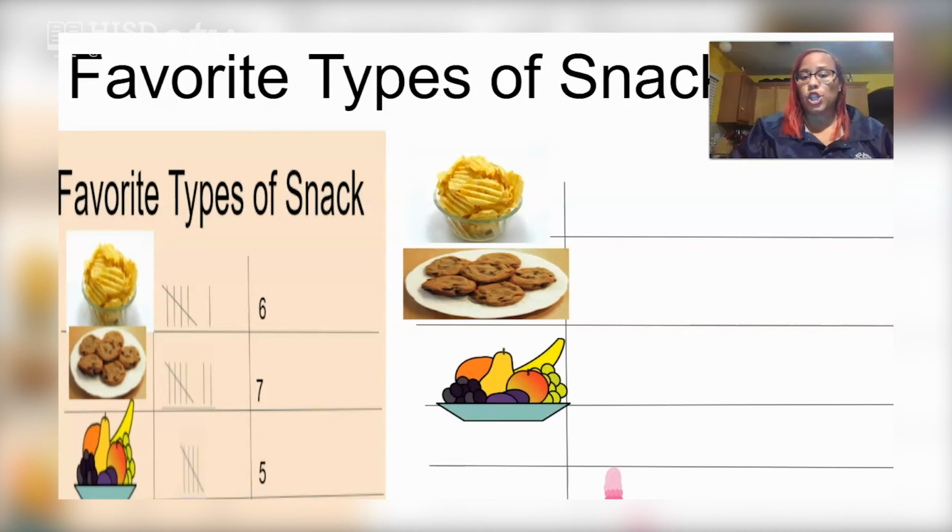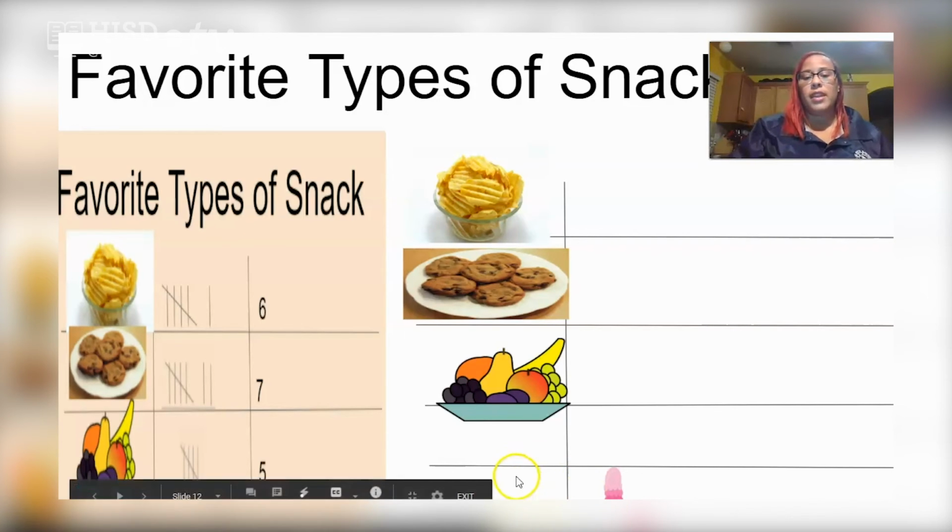I decided to use an ice cream cone to represent each vote. So every time you see an ice cream cone, it means one person.